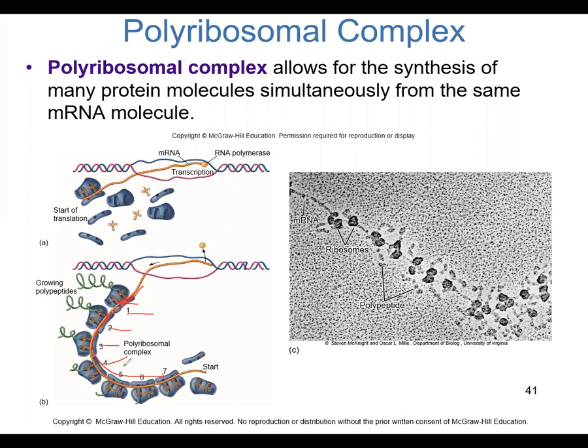So for every ribosome you see here, it's going to build another protein because you need more than just one of those things. And this way they can build lots of proteins at one time off of one strand of mRNA. So you don't have to make multiple strands to make multiple proteins. You can make multiple ones out of one. It's just more efficient that way.